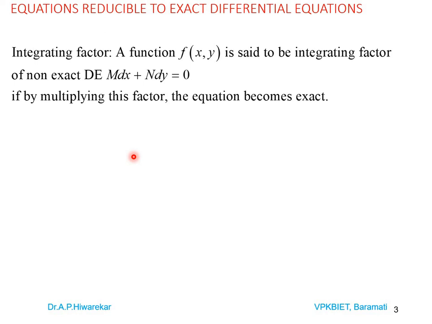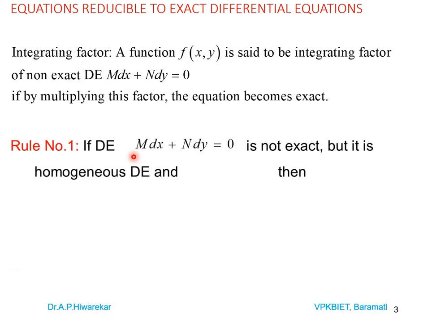So we have to see under which condition we can find integrating factor and how to find it. By following these 5 rules, we can find integrating factor. So rule number 1. Given differential equation which is Mdx plus Ndy is equal to 0 is not exact and it is homogeneous differential equation.